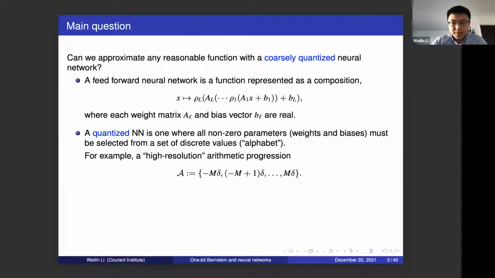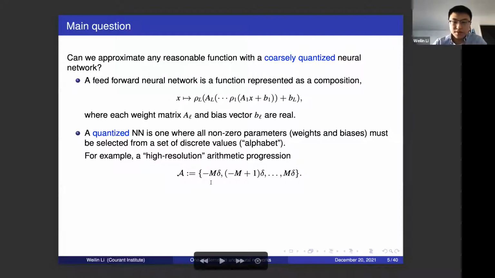By a quantized network, we mean just a neural network whose non-zero parameters, and by parameters, I'm loosely referring to weights and biases, must be selected from a discrete set of values. And this is what we call an alphabet. So the most common type of alphabet, which one uses to store real numbers on a computer, is to just use a high resolution arithmetic progression.